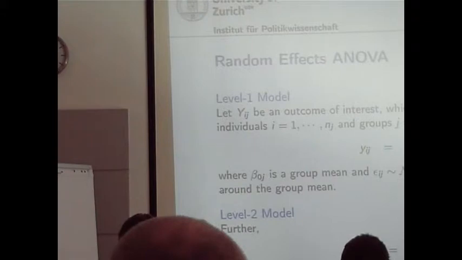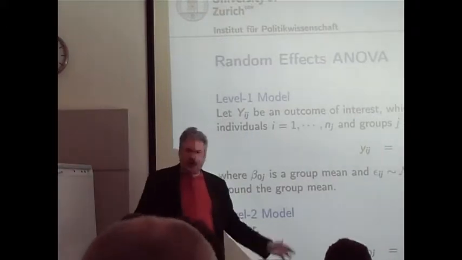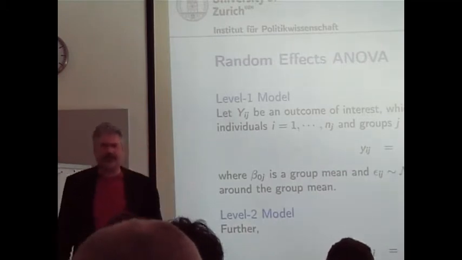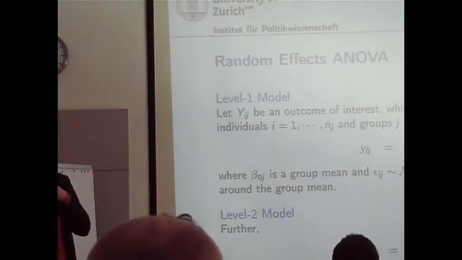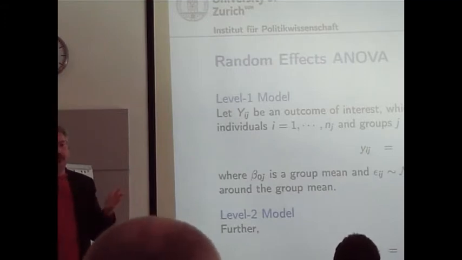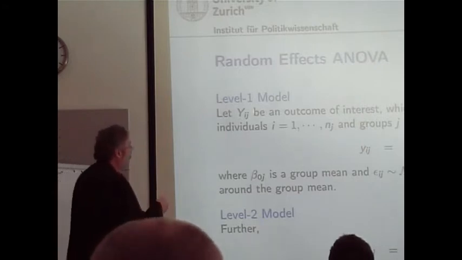Econometricians would call that homoscedasticity. You also call it constant variance. It just says that whatever varies across the groups is potentially just the group mean, but not the variance around it. Now, that's the level 1 model.